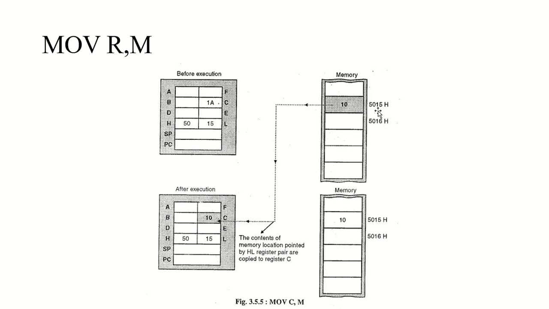Earlier it had some content, 10, and now we are taking the content of 5015, which is pointed to by the HL register pair, to which register? Register C. So see, register C now has 10. Earlier it had 1A but it got erased, and the content of memory address 5015 has been copied to register C, right? So that was MOV R, M.